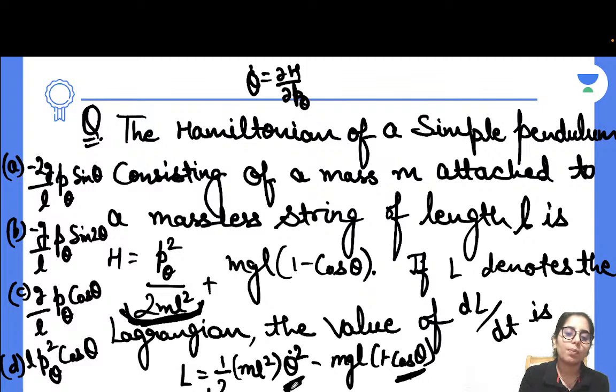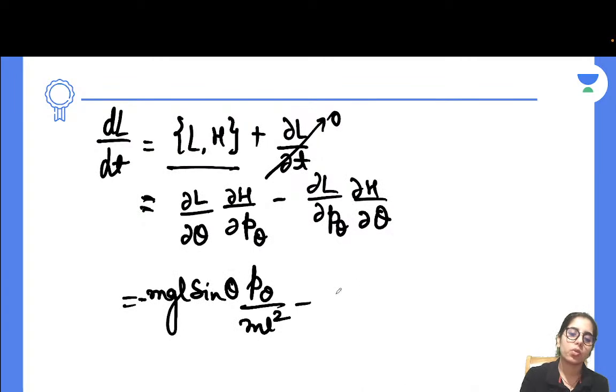Once you get it, plug it in here and you will see that it gives you the same kinetic energy which you had in the Hamiltonian. So even if someone is not sure that it's going to give the same, you can do it step by step, plug in the value and you will find, oh, it gives the same, right? Next, when you differentiate the Lagrangian with respect to p theta, you will get the same p theta over ml square.